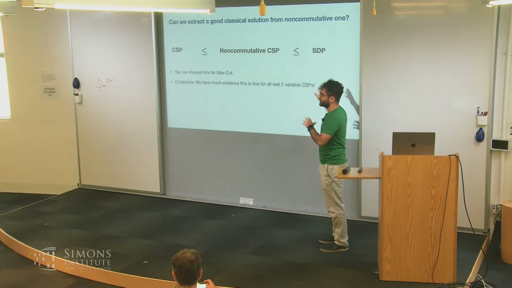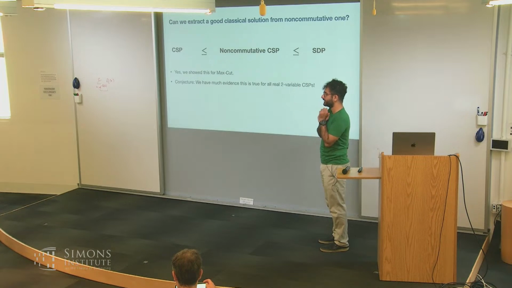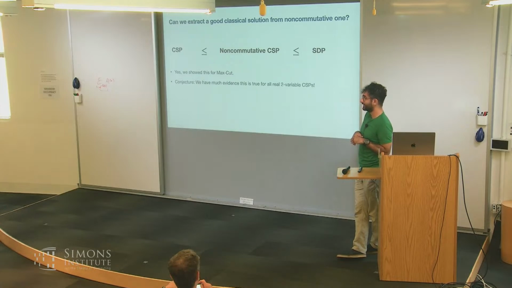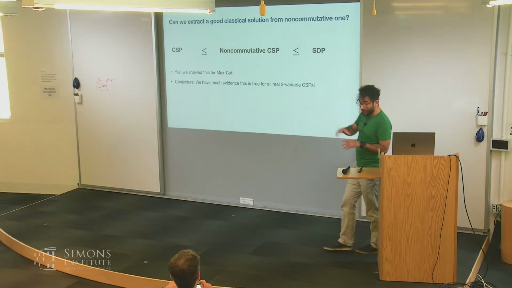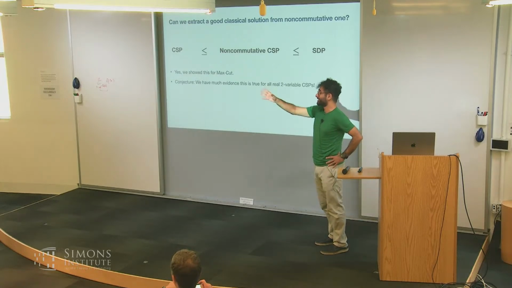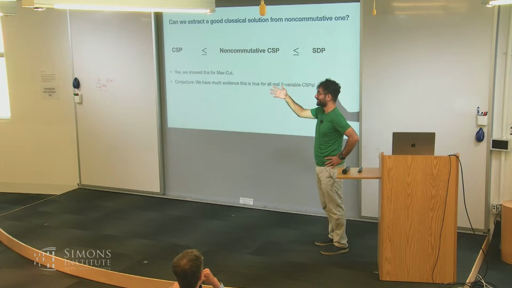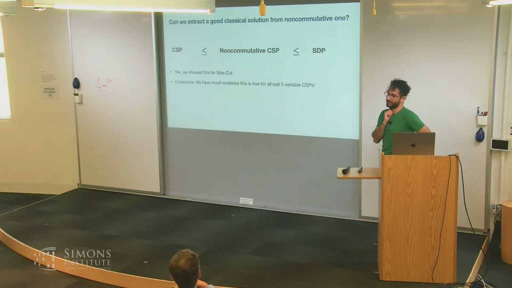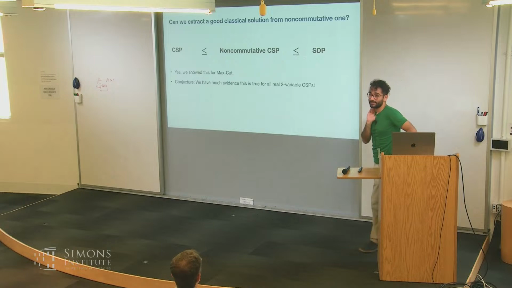If I give you a non-commutative CSP, is there some simple way to get some horrible constant approximation of it? Oh no, we cannot even do that. That's the famous result that came out, I think, in 2021: even the most modest approximation would be undecidable for general CSPs. Okay, great. Excellent.